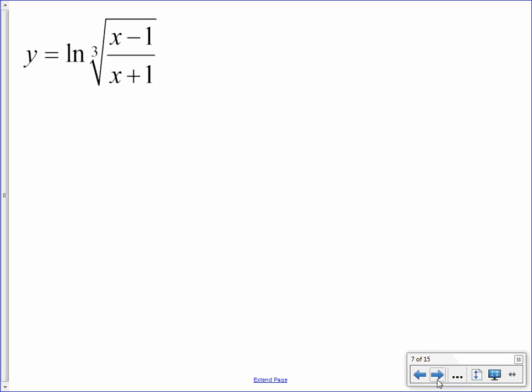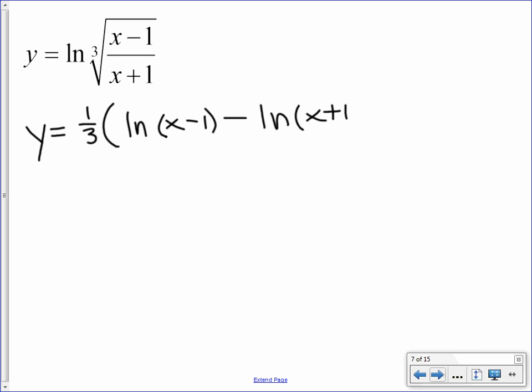So how would we expand this? Okay, so first of all, 1/3 times natural log of the numerator minus natural log of the denominator. Since all of that is in the radical, I put the 1/3 times all of it.